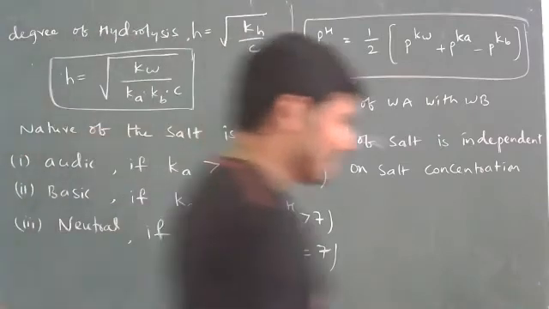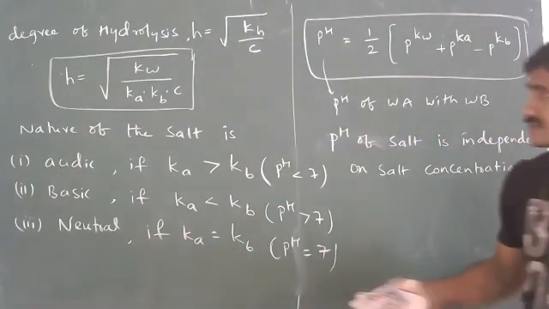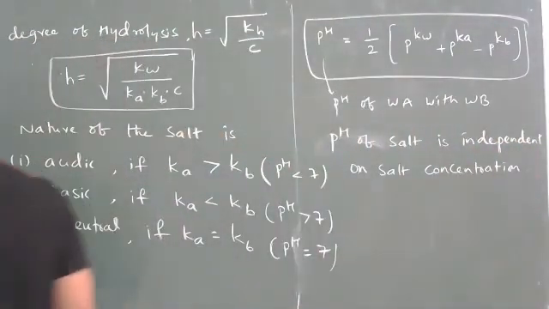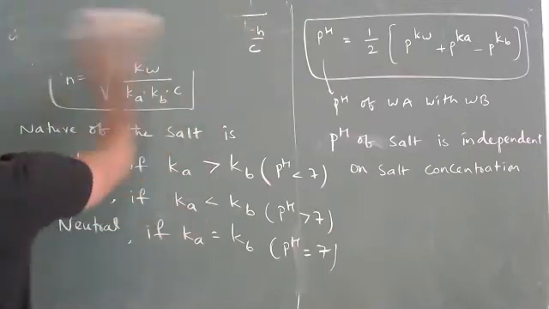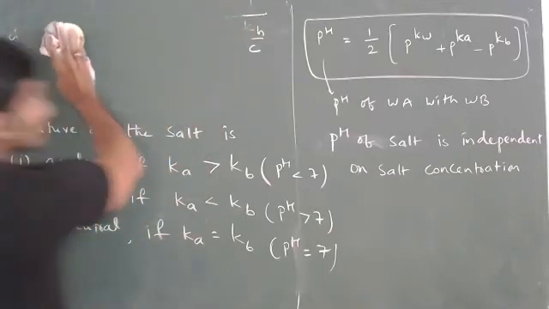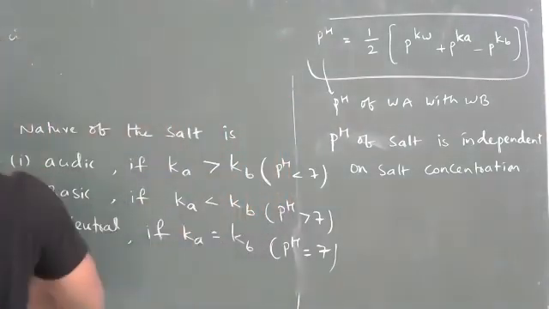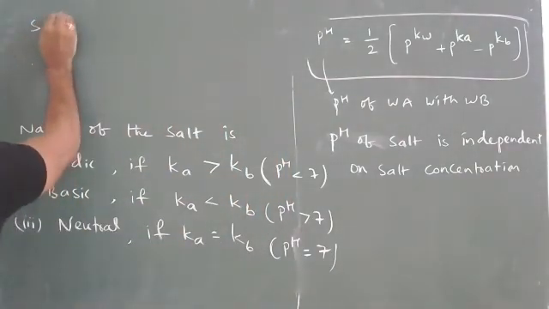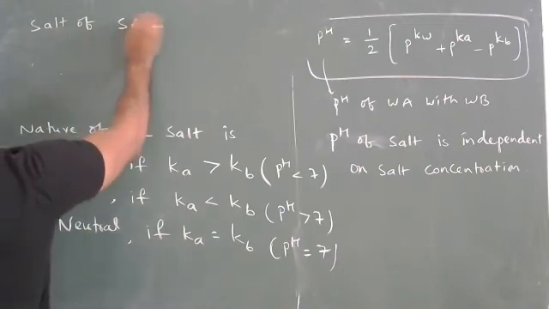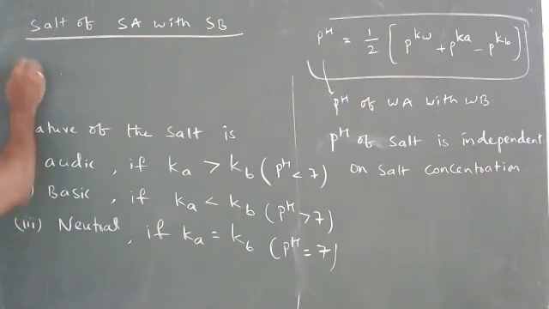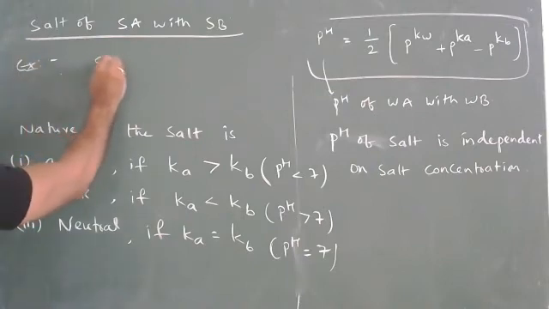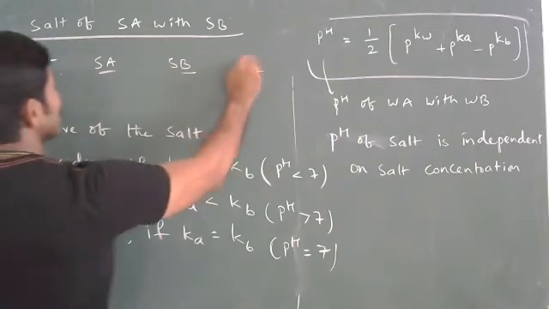Okay. The last type of salt, that is salt of strong acid with strong base. Yes, no equilibrium. Very good. So for example, you can write strong acid, strong base, and salt.